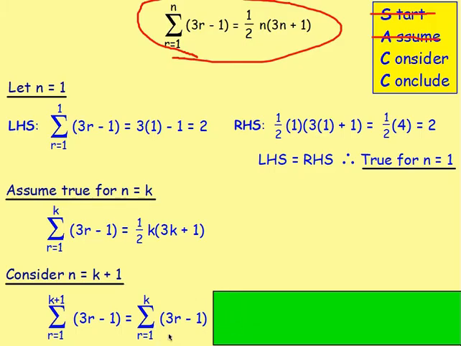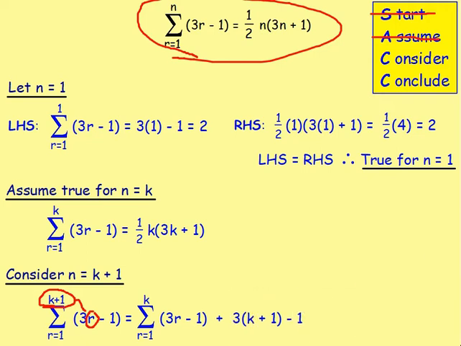So you'd sub in 1, then 2, then 3, all the way up to k. But remember, you're wanting to go past that with k plus 1. So you'd also have to add on what you get when you sub k plus 1 in place of r. So if you sub that in, you'd have 3 times the k plus 1 take away 1. And that would be your last term.